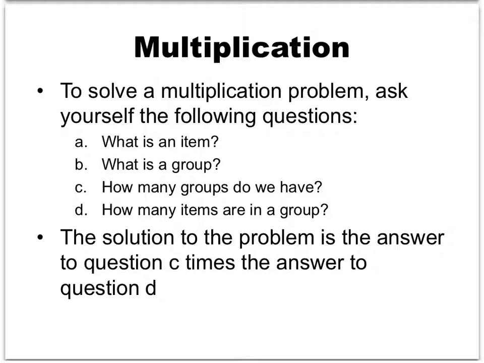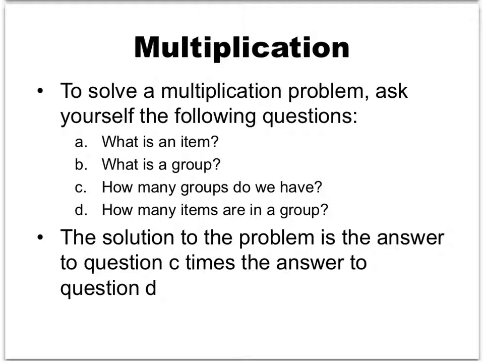To use this interpretation of multiplication to solve a multiplication problem, we're going to ask ourselves the following four questions. A, what is an item? Sometimes to answer that we have to look at the question being asked in the word problem. Second, what is a group?